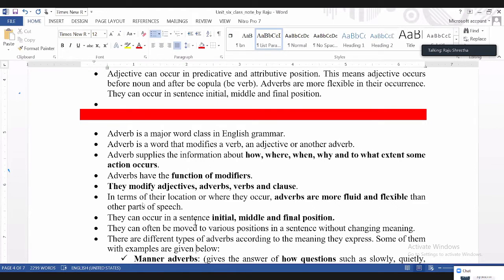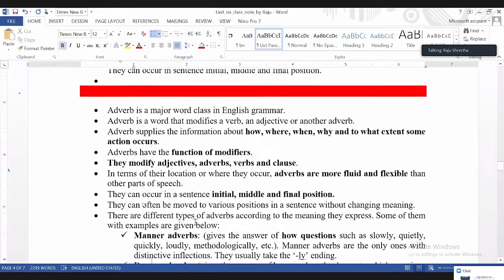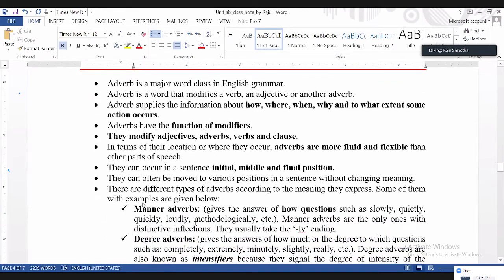There are different types of adverbs according to the meaning they express. Some of them with examples are given. Manner adverbs. Manner adverbs give the answer to the how question, like slowly, quickly, quietly, loudly, methodologically, principally. When we add ly to this, a manner adverb comes.